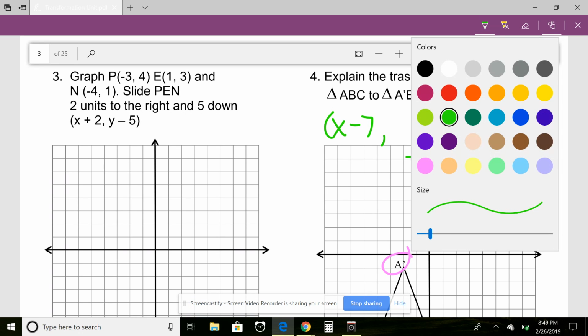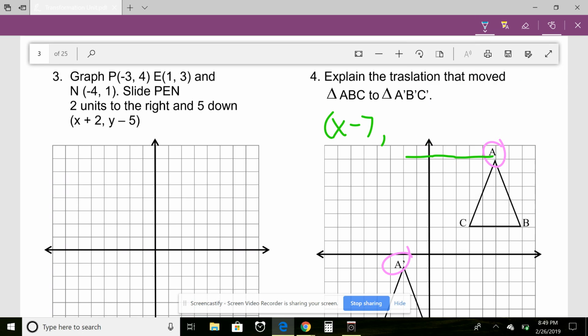And then it's going to go down, how many? 1, 2, 3, 4, 5, 6, 7, 8. Down 8. So that's my translation rule from A to A prime.